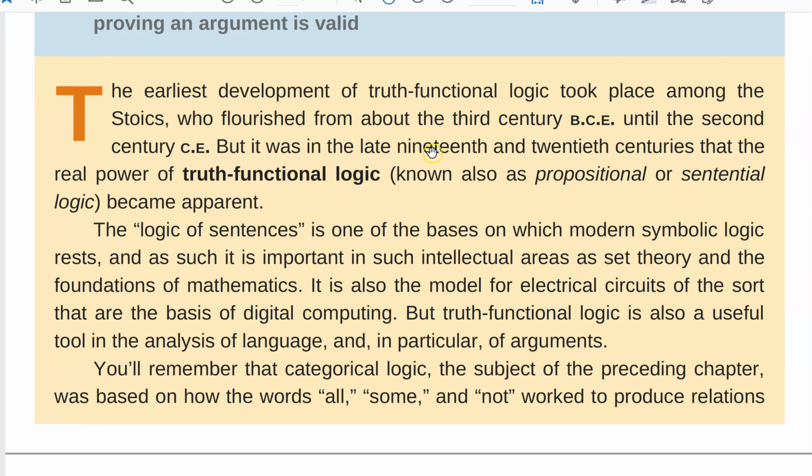The reason we didn't really start to pay attention to it until the late 19th and early 20th centuries is because it's what math is based on. It's what set theory is based on. It provides the foundation for contemporary mathematics, but it also is the model for electrical circuits, the sorts that are the basis of digital computing.